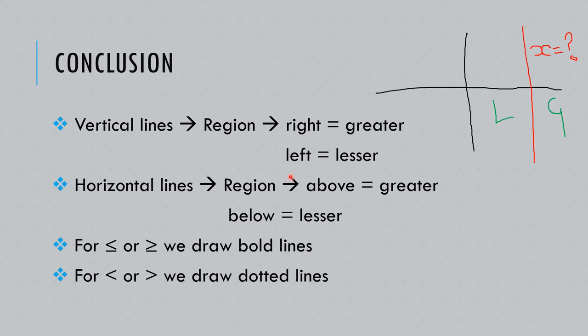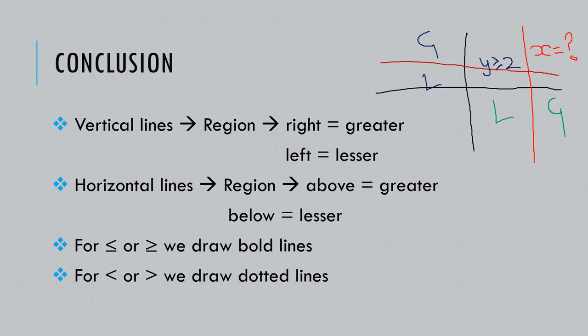So there is something you must be remembering. And for horizontal lines, the region above is greater and below is lesser. You might check it out also. Let's say y is greater than or equal to 2.